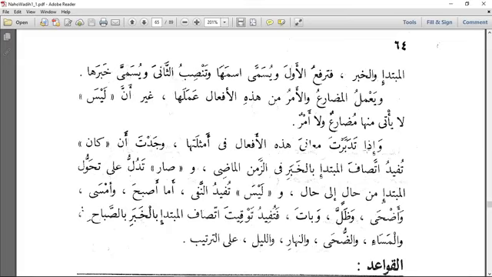He says: وإذا تدبرت معاني هذه الأفعال في أمثلتها وجدت أن كان تفيد اتصاف المبتدأ بالخبر في الزمن الماضي.